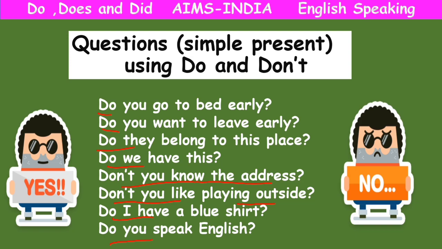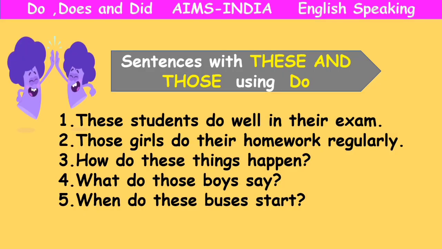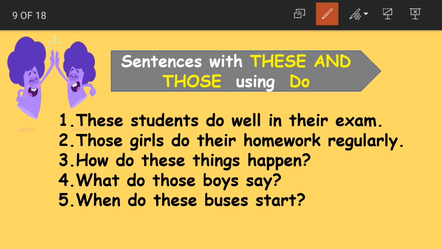Okay, children? Clear? Now, sentences with these and those using do. Actually, these and those we are going to relate with people. When we want to talk about people, things, situations that are close to us, we use these.